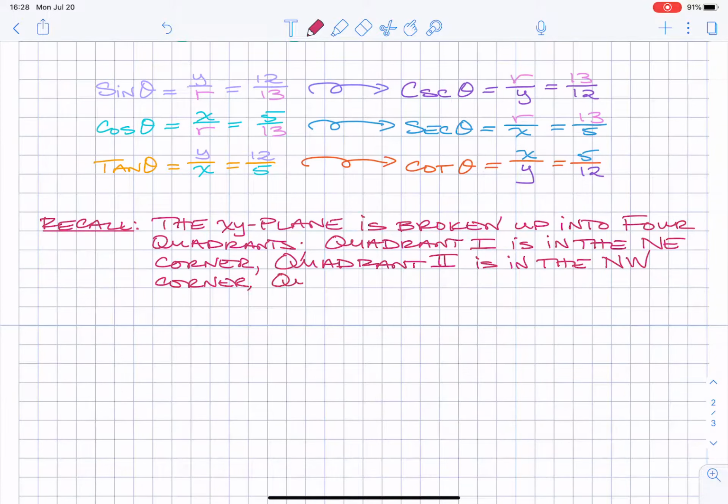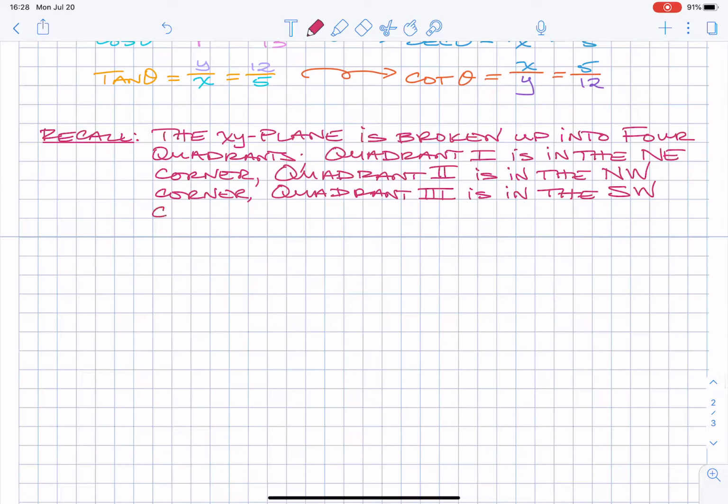Quadrant 3 is in the southwest corner. And quadrant 4 is in the southeast corner.